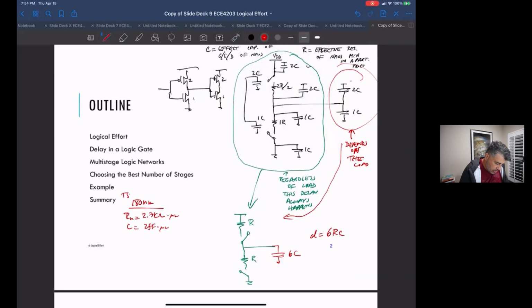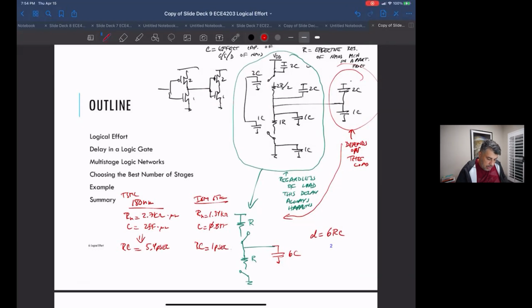And this is a TSMC process in the book, and then there's an IBM 65 nanometer process, and its R sub N was 1.34 kilo ohm, and its C was 0.8 femtofarad. So this guy's RC was 5.4 picoseconds, and this guy's RC was 1 picosecond.